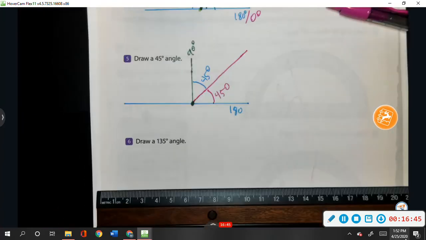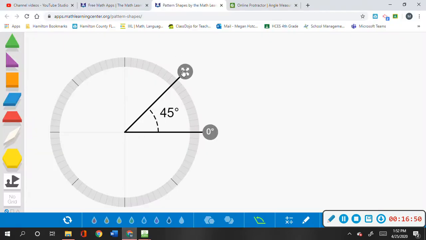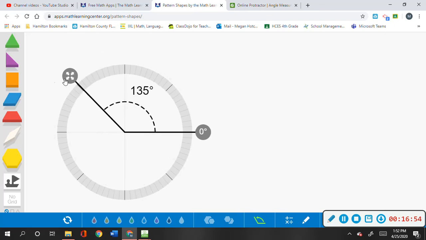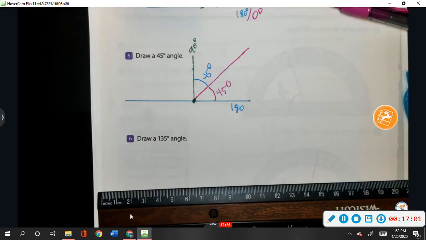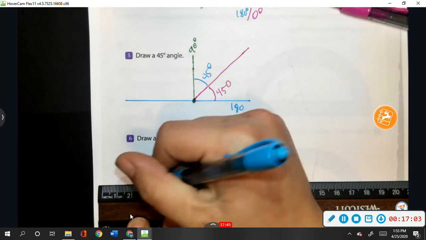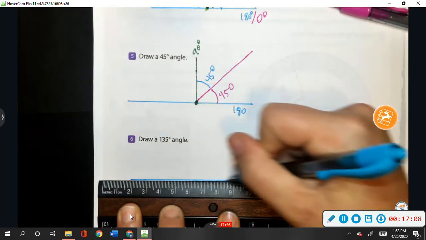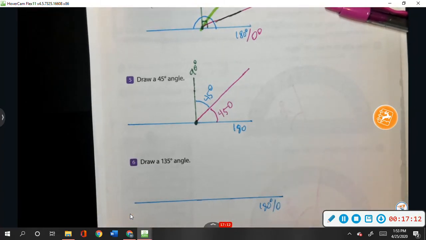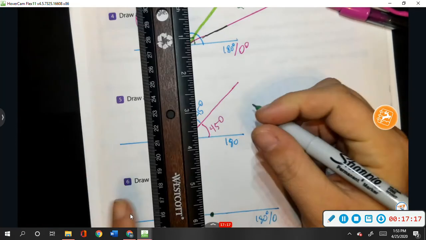And then last one, 135 degrees is going to be obtuse. It's going to go past that 90 mark. I said 135. Right there. So, drawing it without a protractor, we're going to have our 180 degree mark, 180 degrees or 0. Then we're going to have our 90 degree angle, because we know what those angles look like.